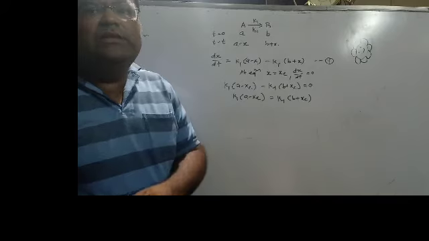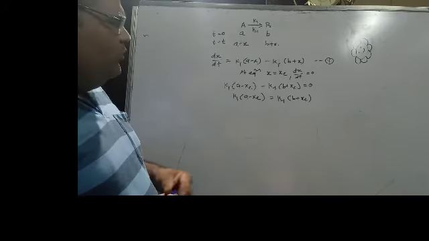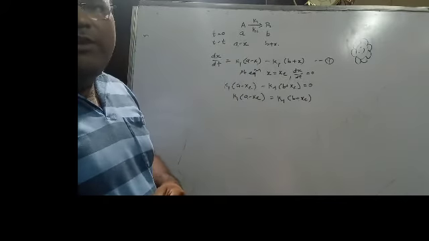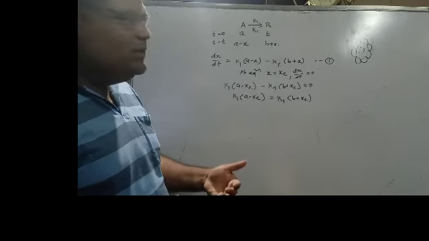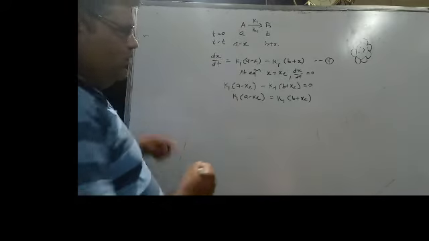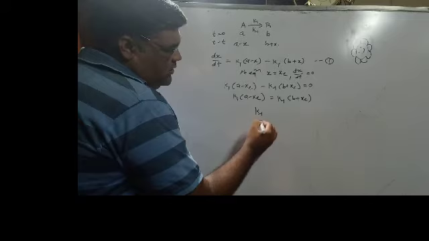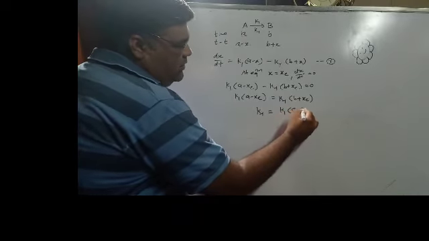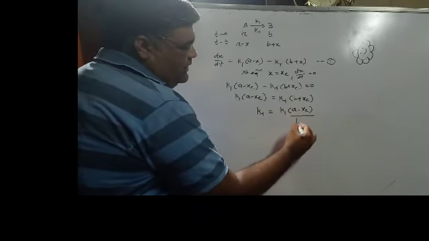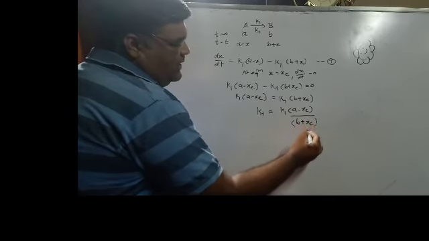Now from this equation we have to find the value of K minus 1, because we have to substitute the value of K minus 1 in equation number 1. So from this equation, K minus 1 will be equal to K1 (a minus xe) upon (b plus xe).